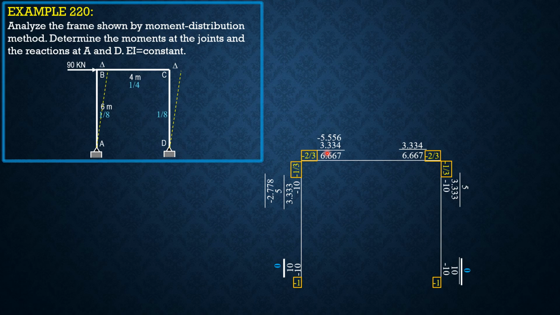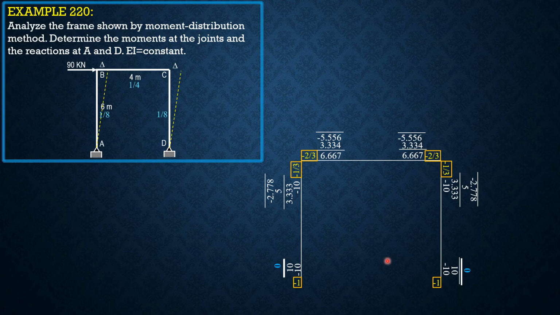Quantity 5 plus 3.334 times negative 2/3, so that's why we have negative 5.556. Then quantity 5 plus 3.334 times negative 1/3 is negative 2.778. Quantity 5 plus 3.334 times negative 2/3 is negative 5.556.